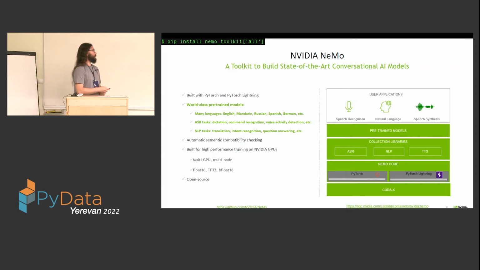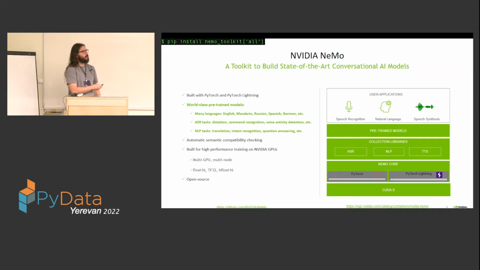We have quite plenty of ASR and NLP tasks at hand, like translation, and things like that. It can automatically check your semantics when you program with NeMo. And it performs quite well at scale.